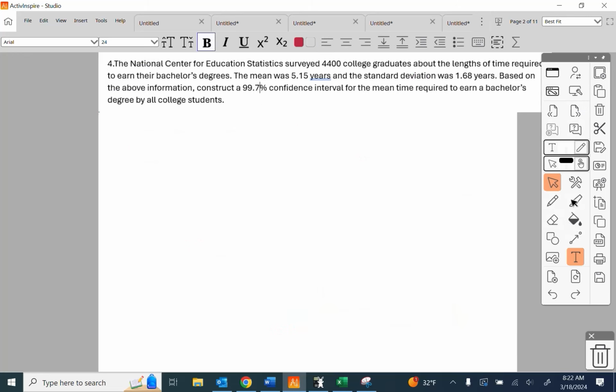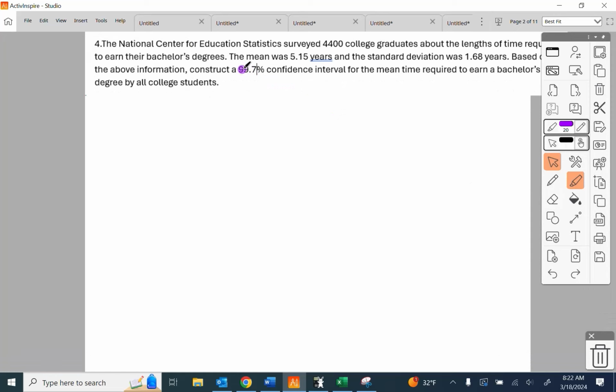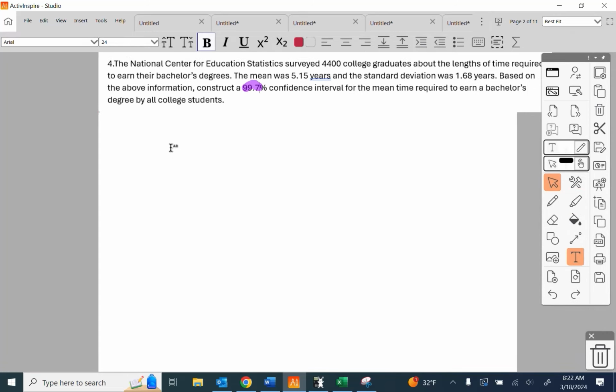Alright, this one has 99.7 in it, so I'm going to use the empirical rule. Your confidence interval is going to be the mean plus or minus some number of standard deviations divided by the square root of the sample size.